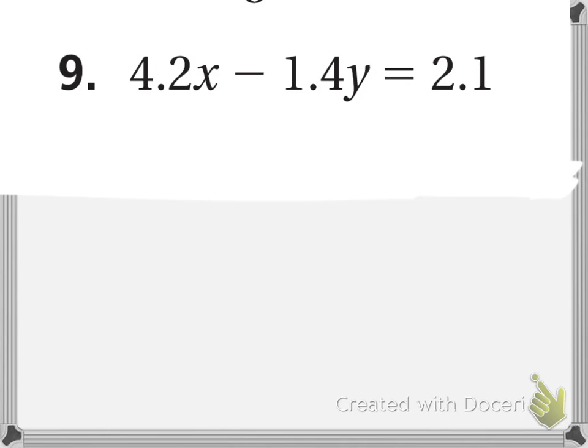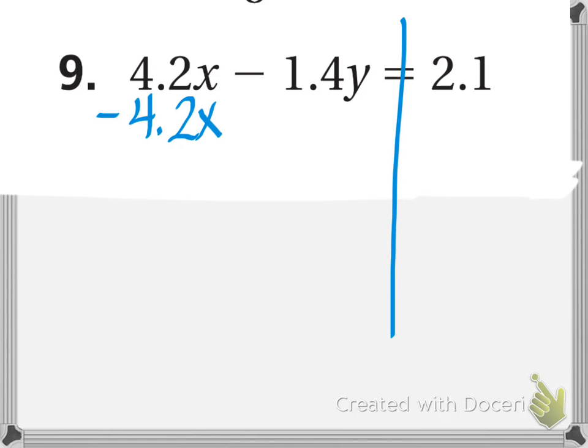Okay, so if you weren't paying attention before, hopefully you are now. Remember y, we are getting by itself, so we remove the other term. So at this point, these steps should be looking familiar to you. So to get rid of positive 4 and 2/10 x, we are going to use negative 4 and 2/10 x on both sides of our equal sign.